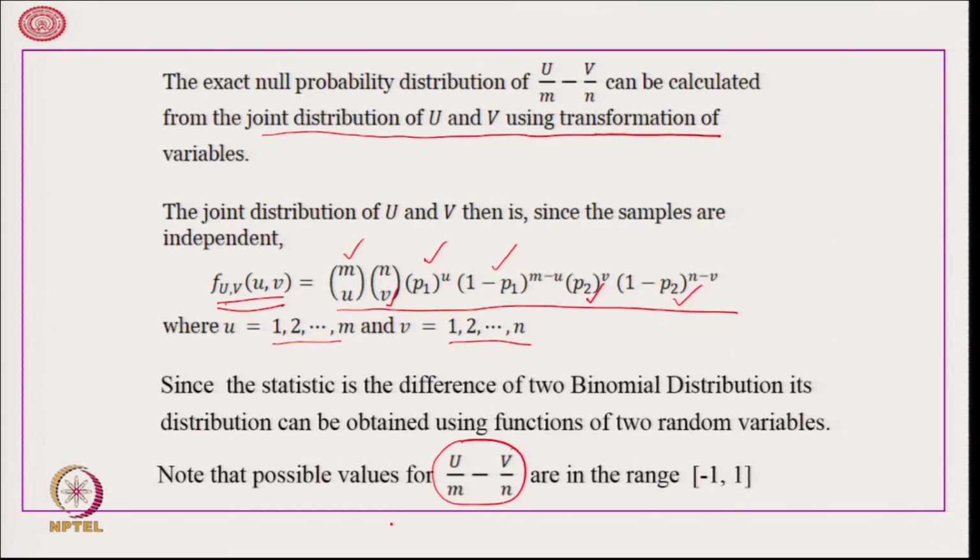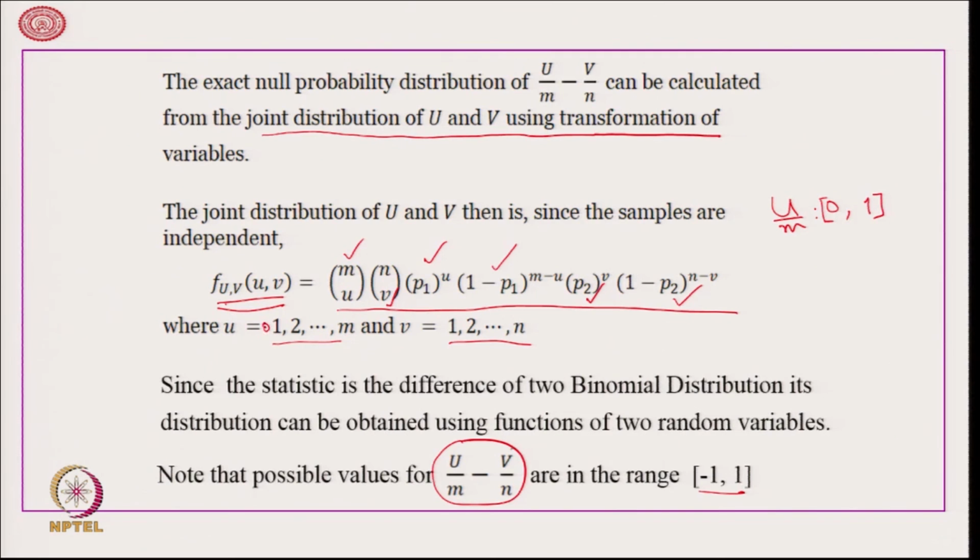This is going to be between minus 1 and plus 1, because u/m can take values from 0 to 1. It will be 0 corresponding to 0 and 1 corresponding to m.